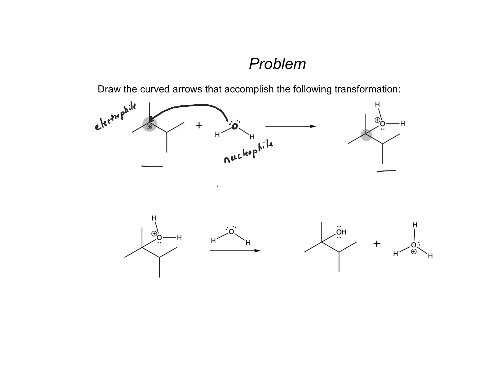And again, I'm very specific about where my arrow starts and where my arrow ends. Just one arrow is needed for this because we're going to a carbon that already has a deficiency of electrons, so we don't have to worry about the octet rule. And the product overall is this nice little intermediate over here.